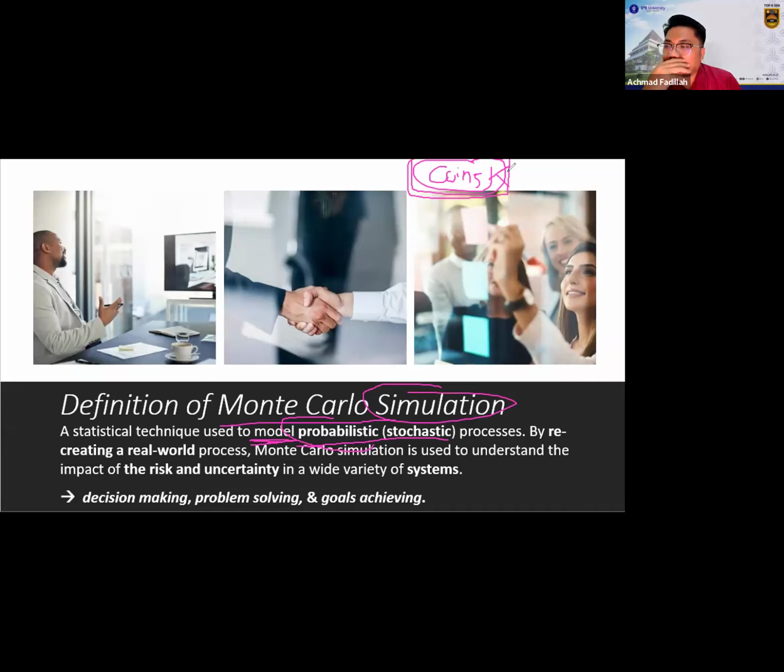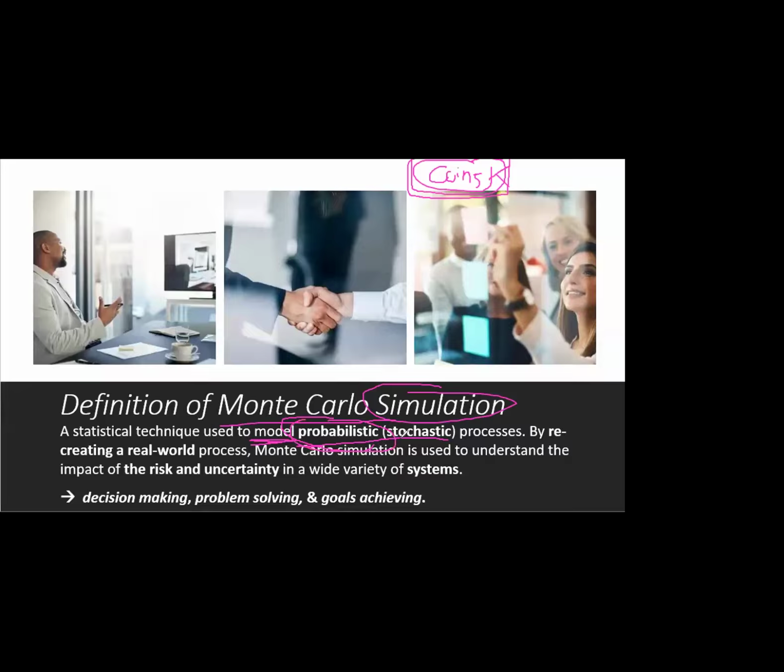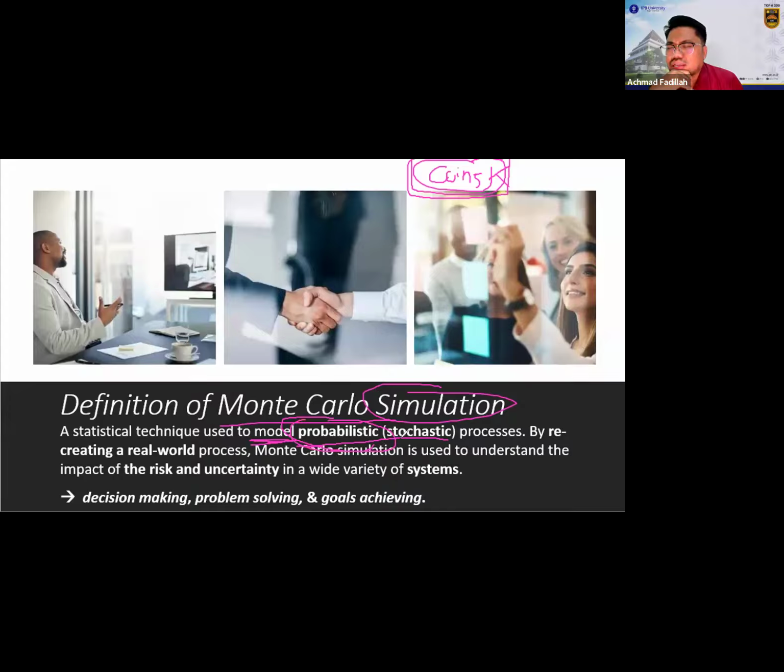Okay, heads and tails, or picture and number. Two, that's correct. And then the probability to get the head and the tails, how much is the probability if you're flipping the coins?